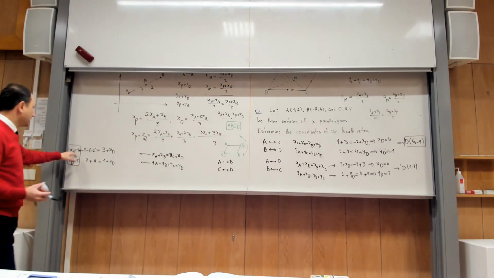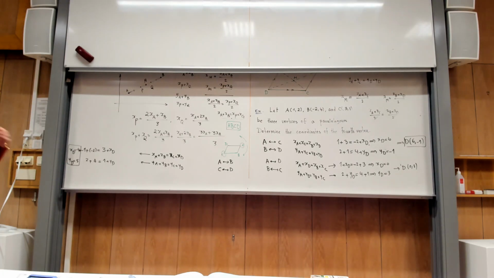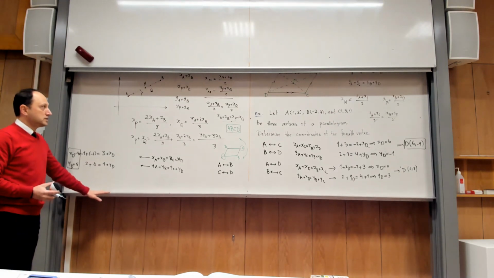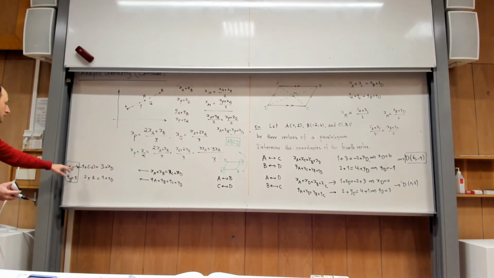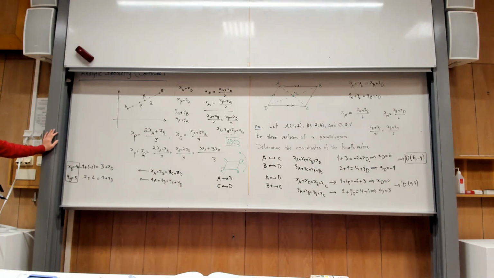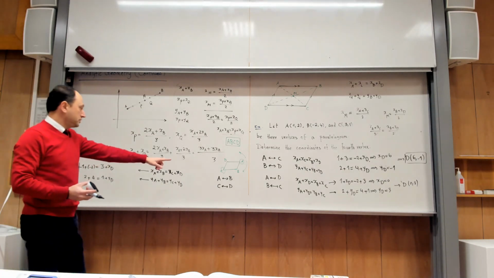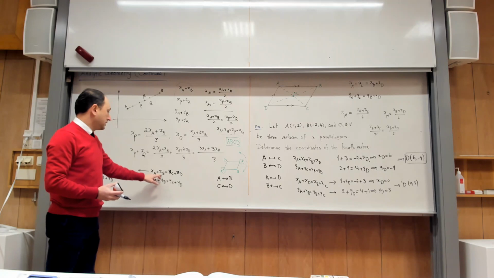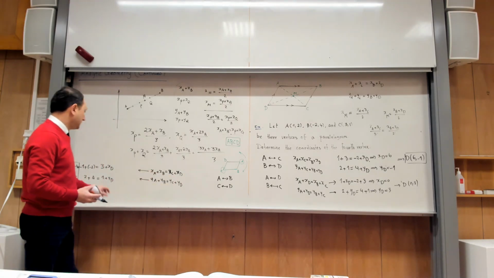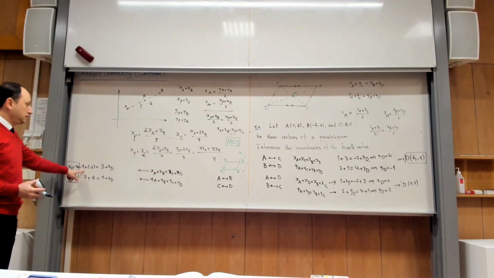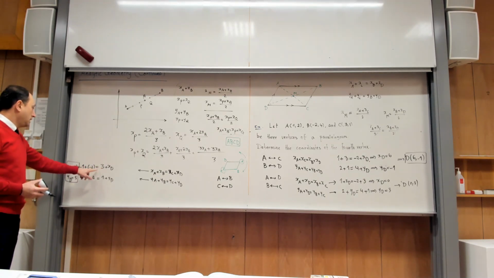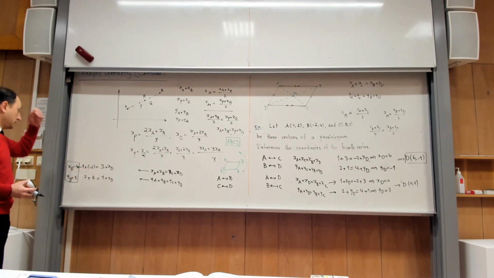I'll double check my calculations here and demonstrate it using GeoGebra once more. Yes? So are the calculations that I have done here right? I am making A and B opposite to each other, so x of A plus x of B should be x of C plus x of D, but x of A is what? 1, x of B is minus 2, x of C is 3. I calculate this one, it becomes minus 4.